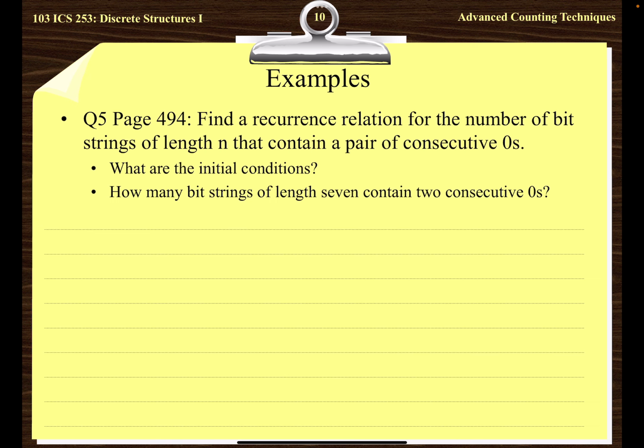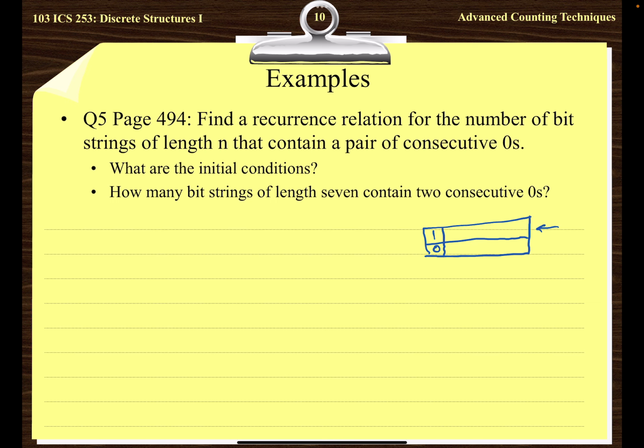So again, let's do the same thing. So if I have this is 1 and this is 0. Now, how many do I have from here?